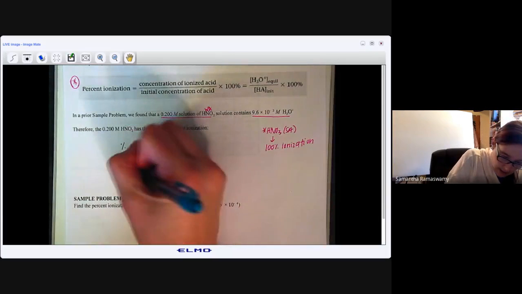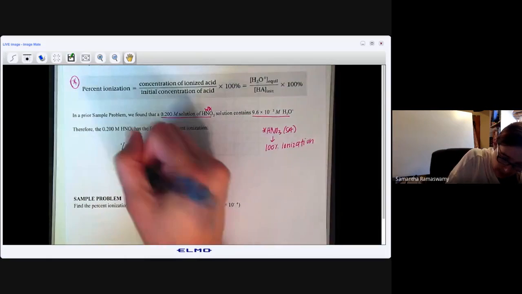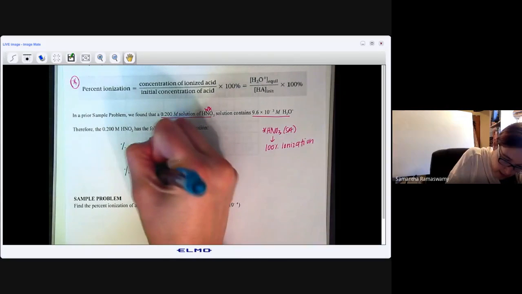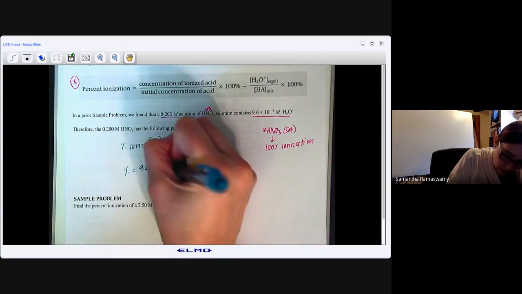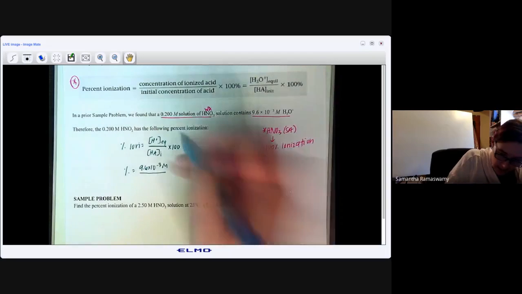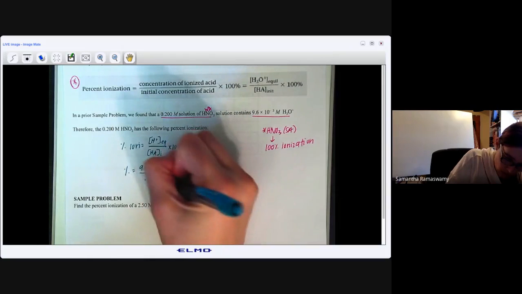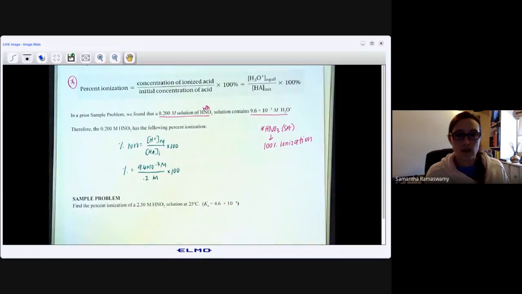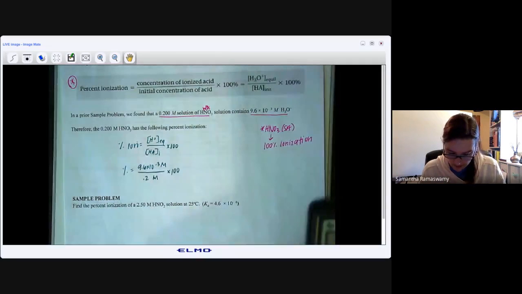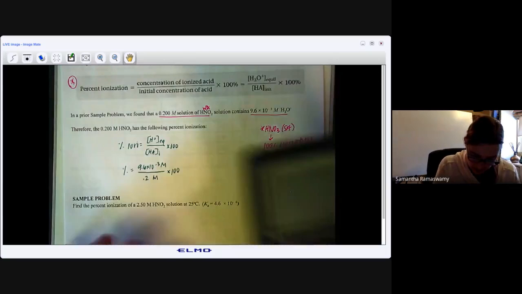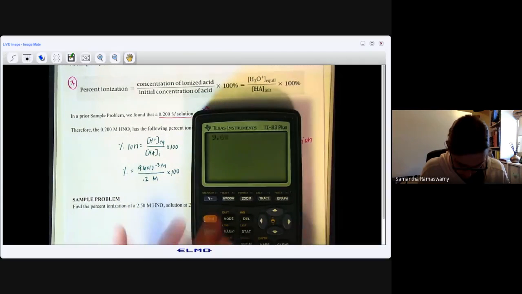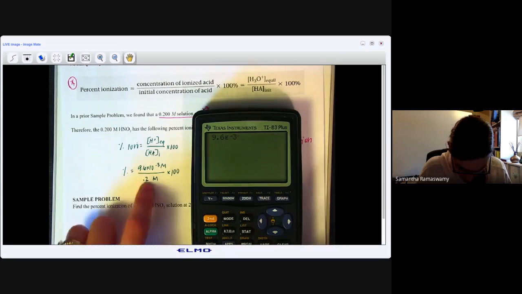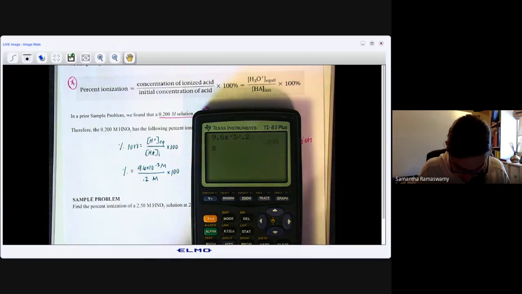It said that there were 9.6 times 10 to the negative third molar H plus in a 0.2 molar solution of weak acid. So we do H plus divided by the initial concentration of the acid, 9.6 times 10 to the negative 3 divided by 0.2. And don't forget to multiply by 100.